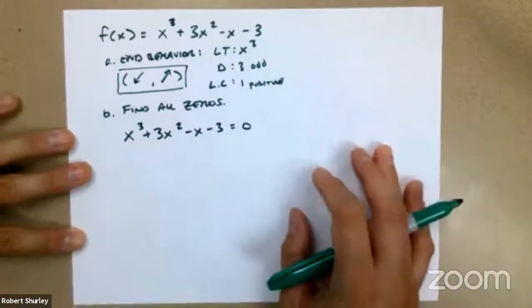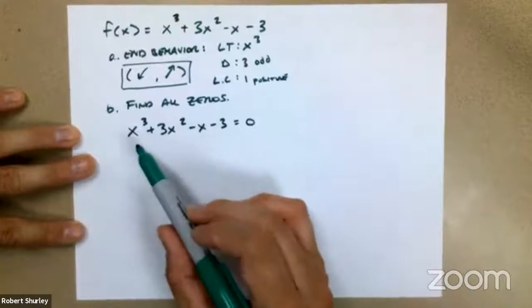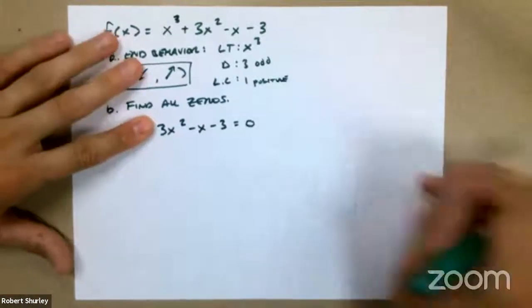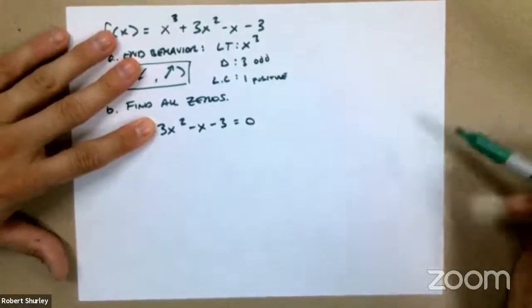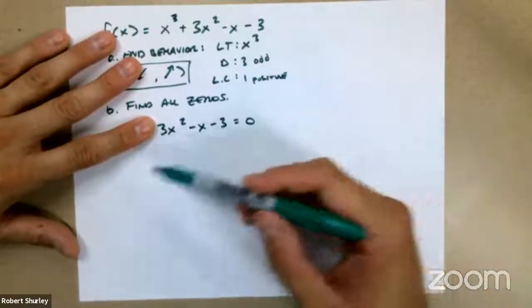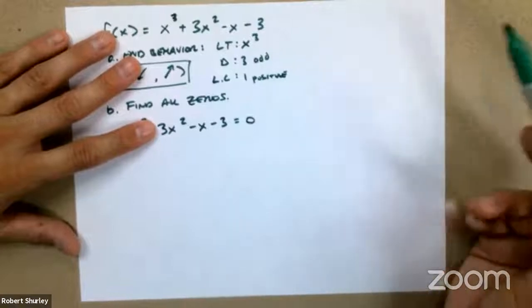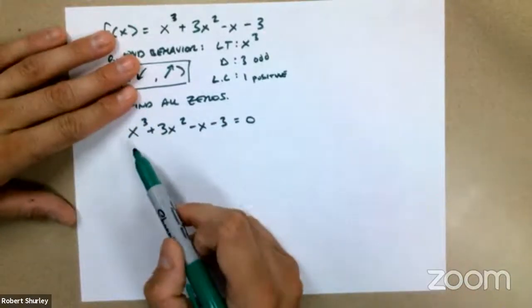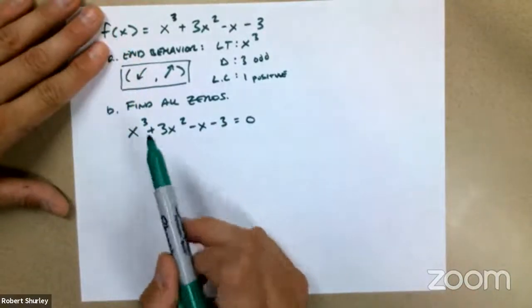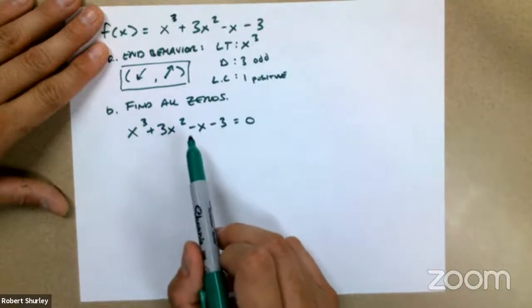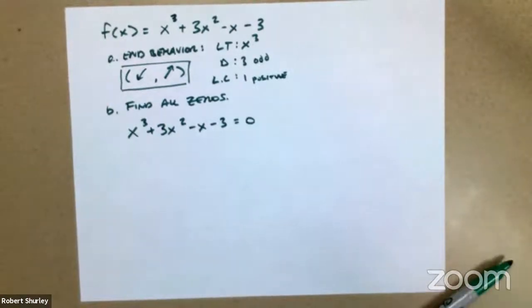Notice, if it was just 3x squared minus x minus 3 equals 0, we could solve that no problem. That's a nice quadratic. We could do the quadratic formula, maybe it factors, who knows. But it's a third degree polynomial. It is not a quadratic. So we're going to have to use different techniques to solve this one.